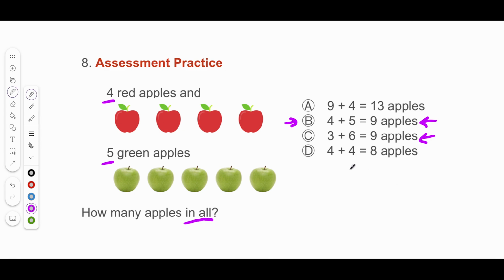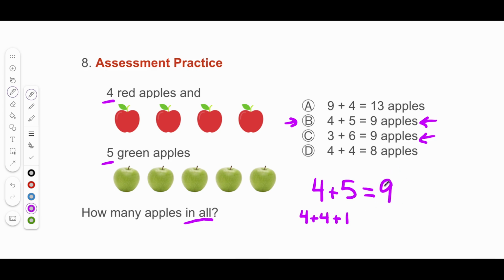So if the parts are 4 and 5 that we're adding together, what is that equal to if we count all of these? Again, we could do doubles plus 1. If your student knew 4 plus 4 is 8, we're just adding 1 more because 5 is 1 more than 4. We could also count on from the larger number. 5 plus 4 is 9. 8 plus 1 is 9.